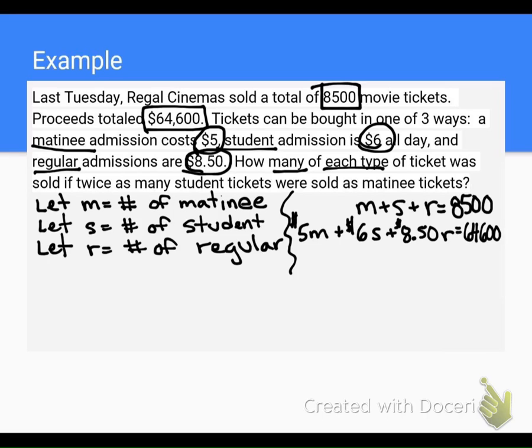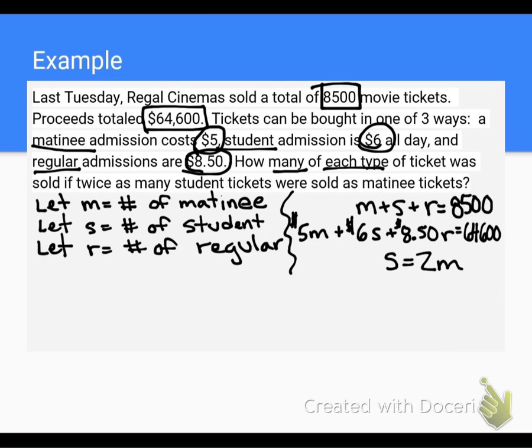So our equation using that information is going to look like S equals 2M. Whatever the number of matinee tickets they sold, I'm going to multiply it by 2 to get the number of student tickets. So if they sold 10 matinee tickets, they must have sold 20 student tickets.